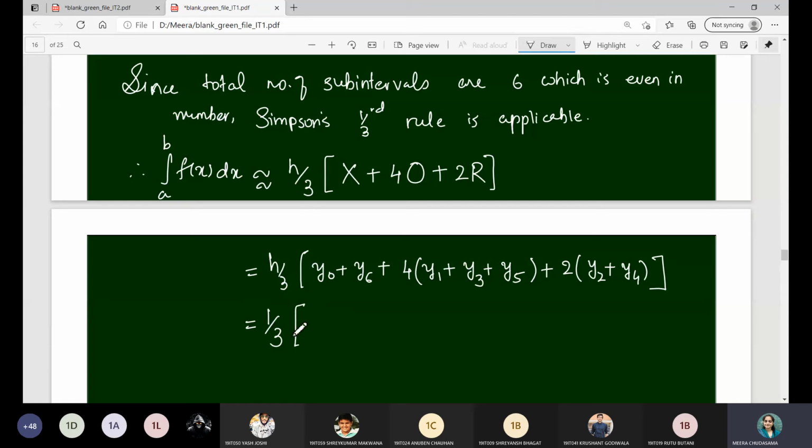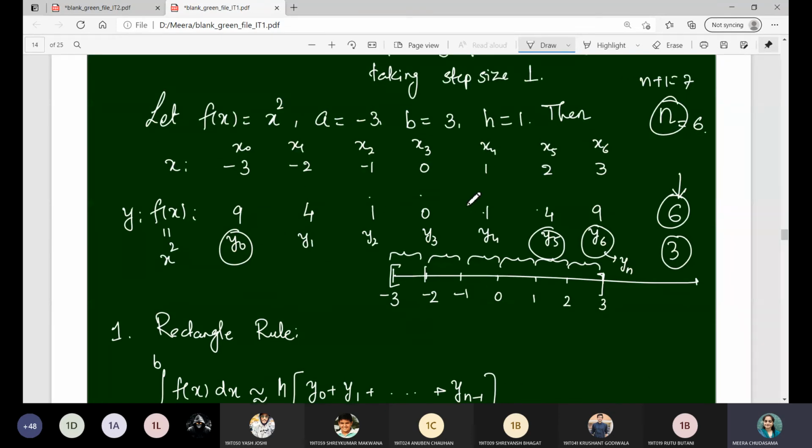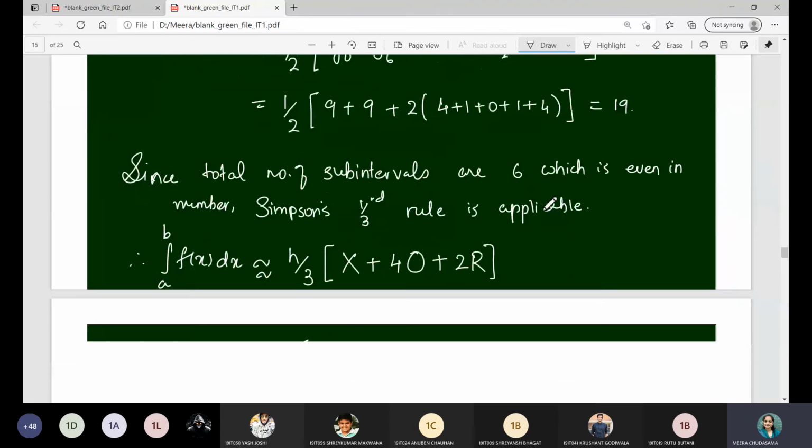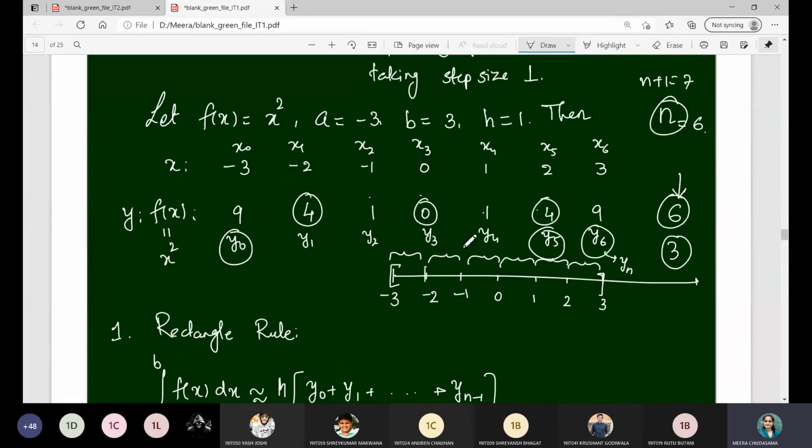H is 1, y0 is 9, y6 is 9 plus 4, y1, y3, y5. This is y1, y3, sorry, this is y1, y3 and y5. So 4 0 4 summation and 2, y2 and y4 values are 1 1, y2 and y4.